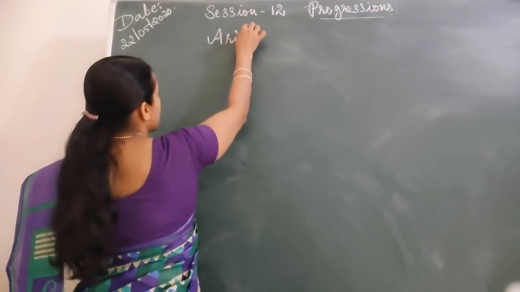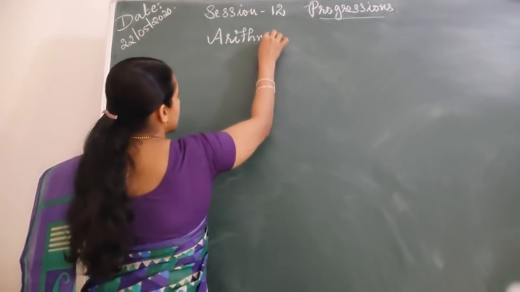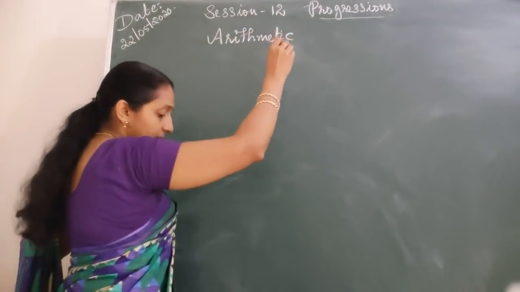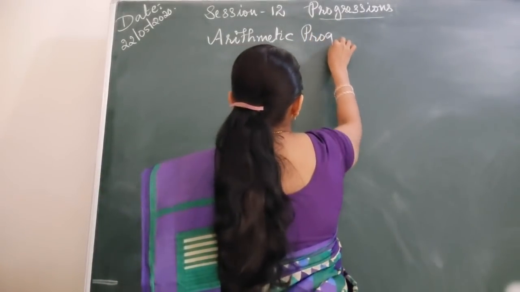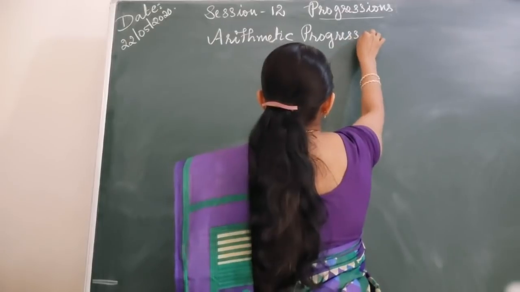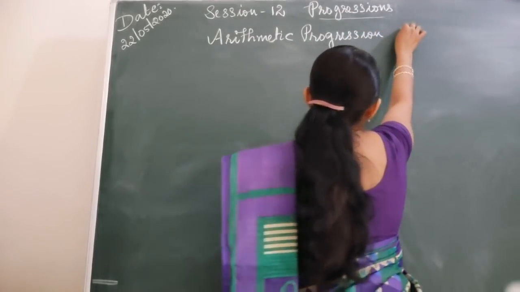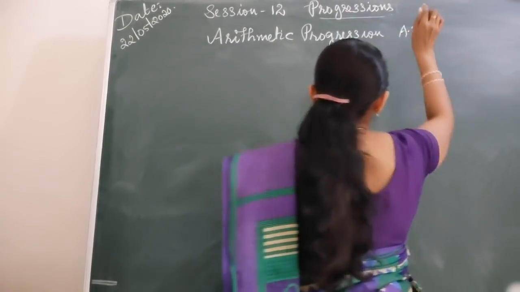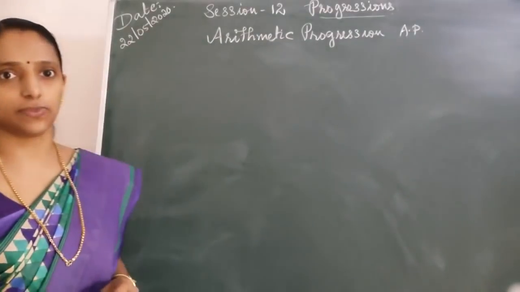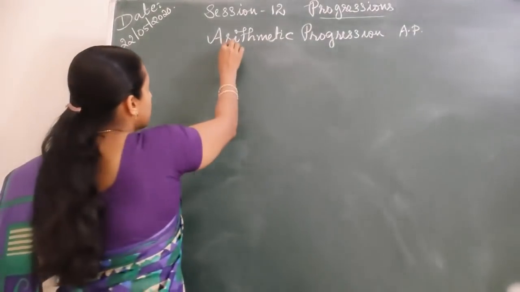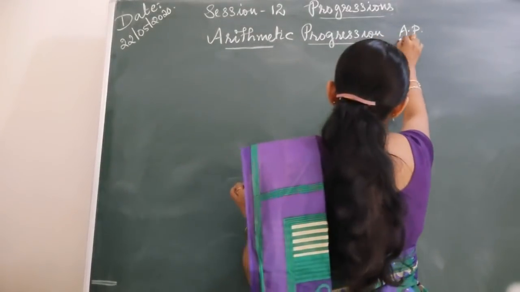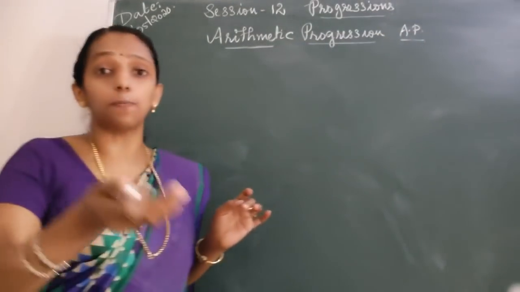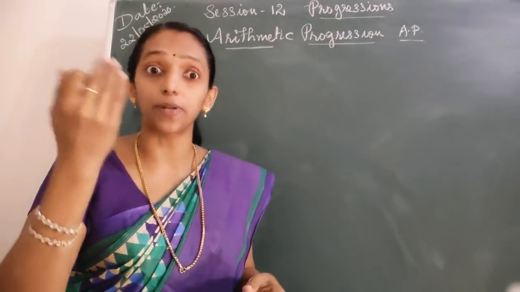Arithmetic progression we are going to see today, and it is denoted by the short form AP. AP implies arithmetic progression. Arithmetic progression means it will have a common difference with the previous term, the preceding term.